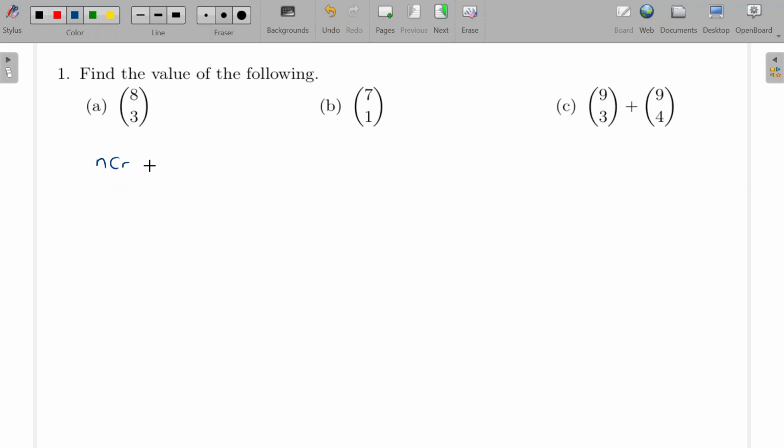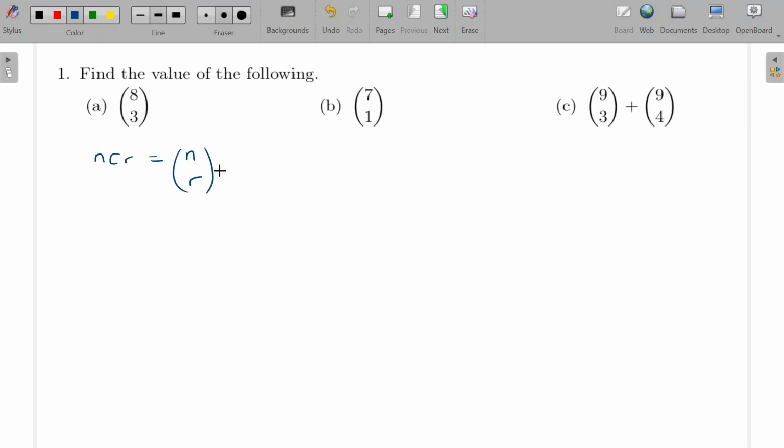Are you there? The NCR implies N combination R, which can be written as N over R, like this.